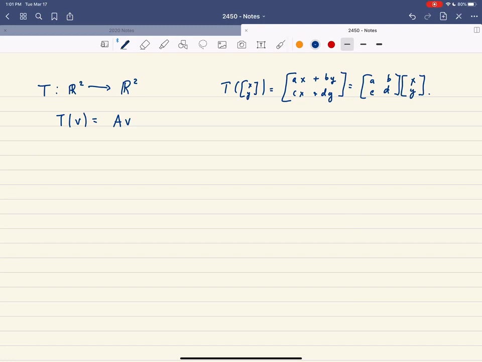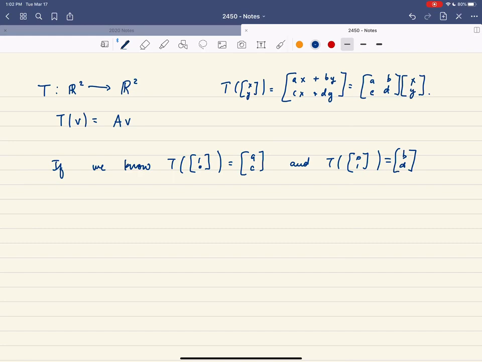What I said last time was that if we know where the standard basis vectors 1, 0 and 0, 1 are told to go, so if T of 1, 0 is (a, c) and T of 0, 1 is (b, d), then this is exactly the transformation that we would get.